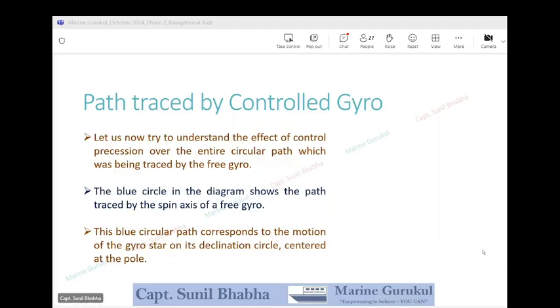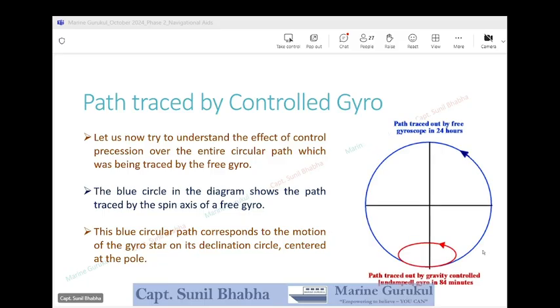Now we have seen the free gyro being controlled using a top heavy or a bottom heavy arrangement. Let's try to analyze what path the controlled gyro now traces. We are trying to understand the effect of control precession over the entire circular path which was being traced by the free gyro.